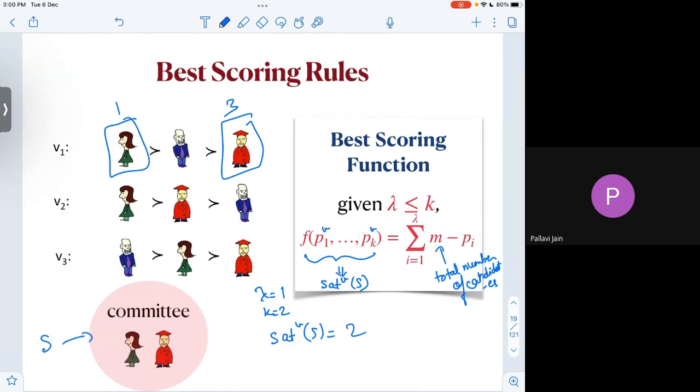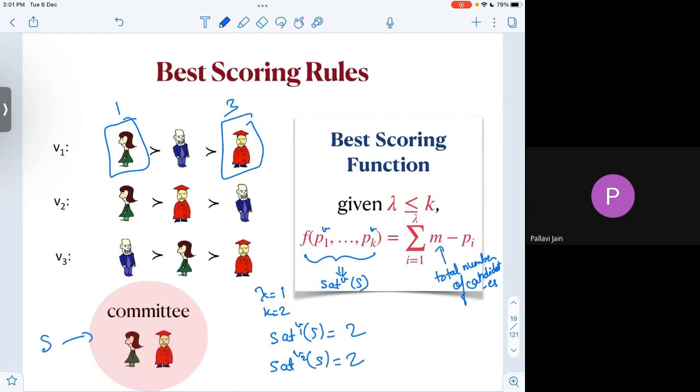But for example, if you see for V2, then under lambda equal to 1, it is 3, right? But here it is 2. But if lambda is equal to 2, then it will be 3, correct? So definition of best scoring function is clear?